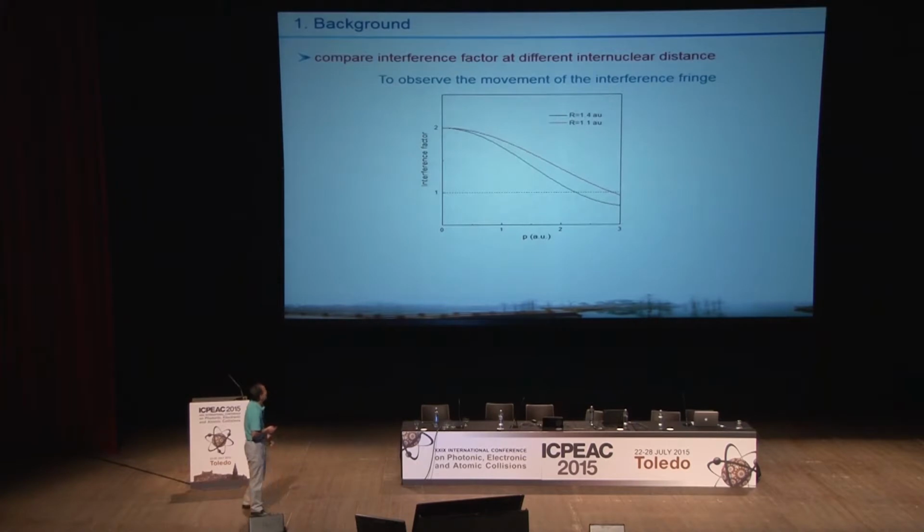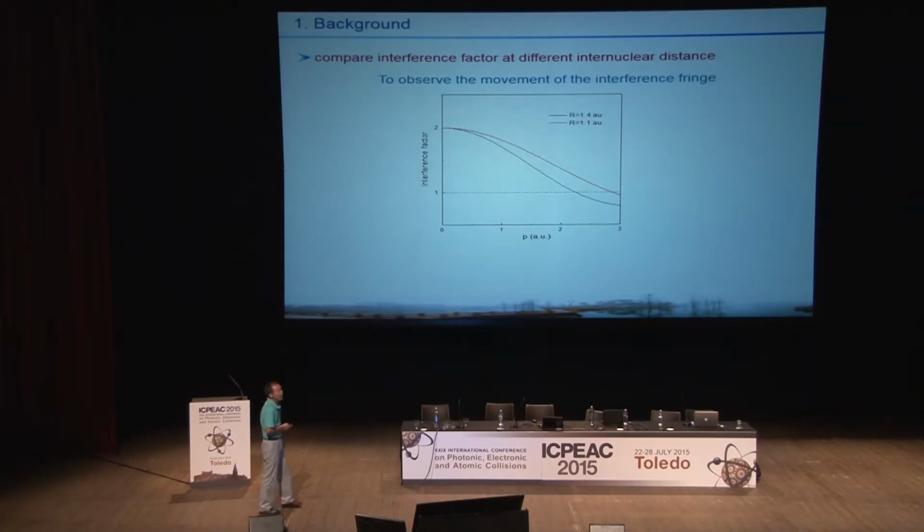The other way is that we can compare the interference factor at different nuclear distances. This means we can observe the movement of the interference region, as this picture shows.